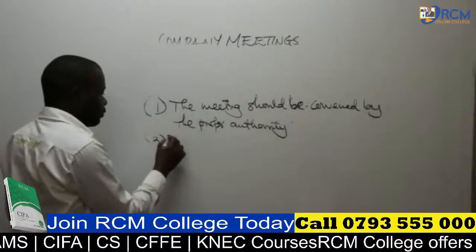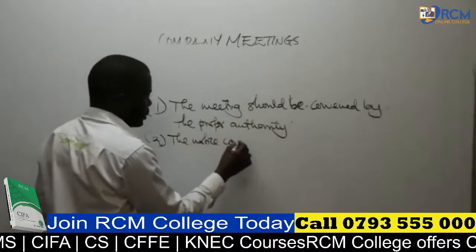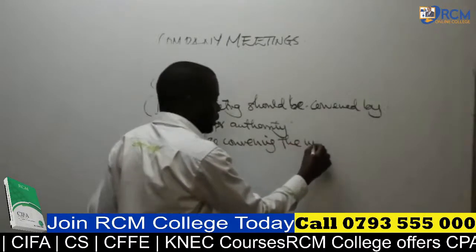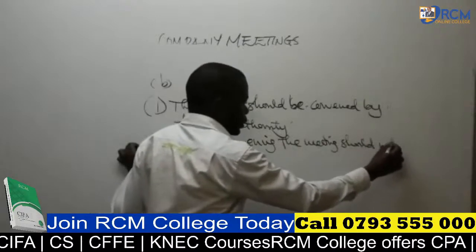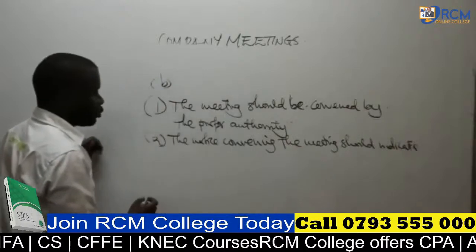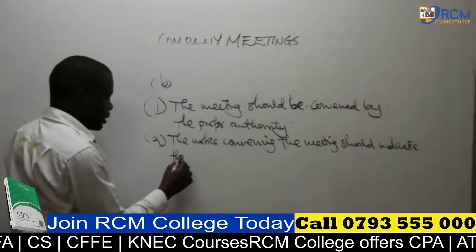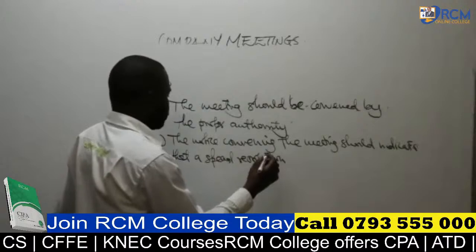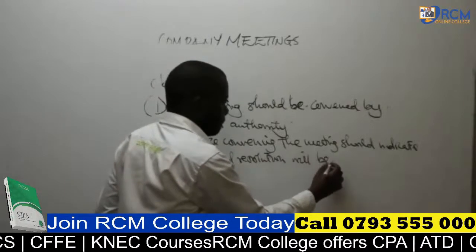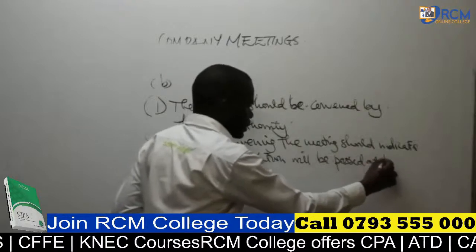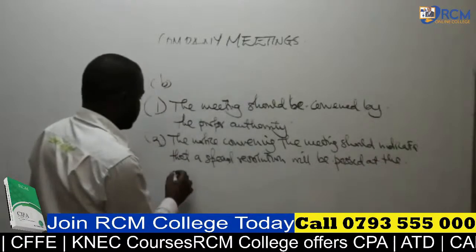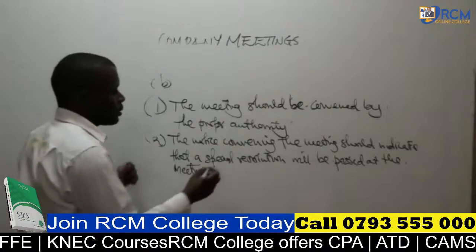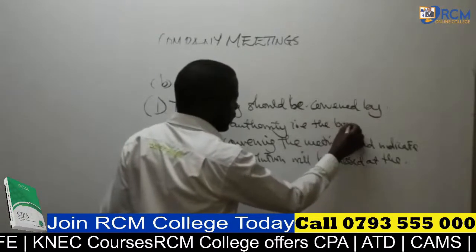Then number 2, the notice convening the meeting. So this is part B. The notice convening the meeting should indicate that a special resolution will be passed at the meeting, i.e., the board of directors.